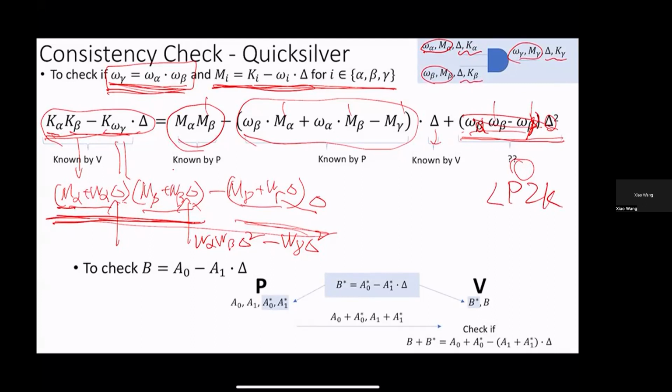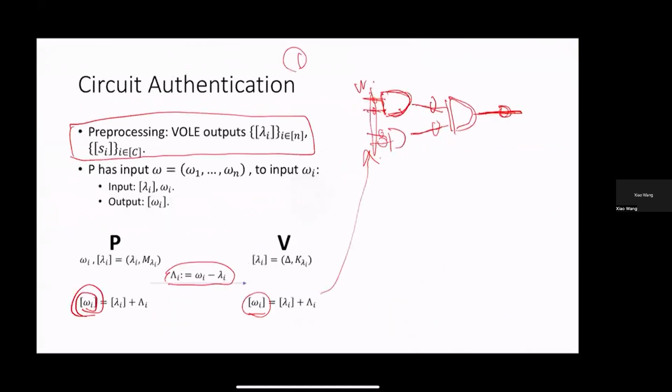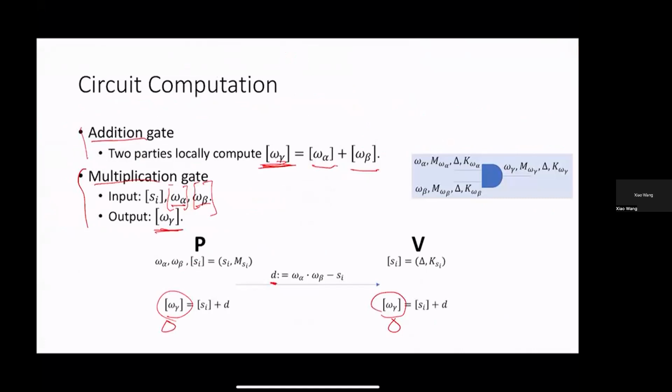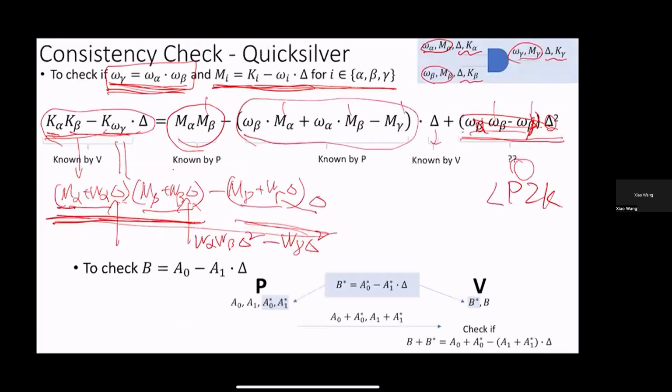Remember that previously, we authenticate the input, and then we let the prover specify the wire values in an authenticated way, and then we want to check all of them. Now we reduce the problem of checking the gate to a problem of checking the degree of polynomials, and this is an easy task.